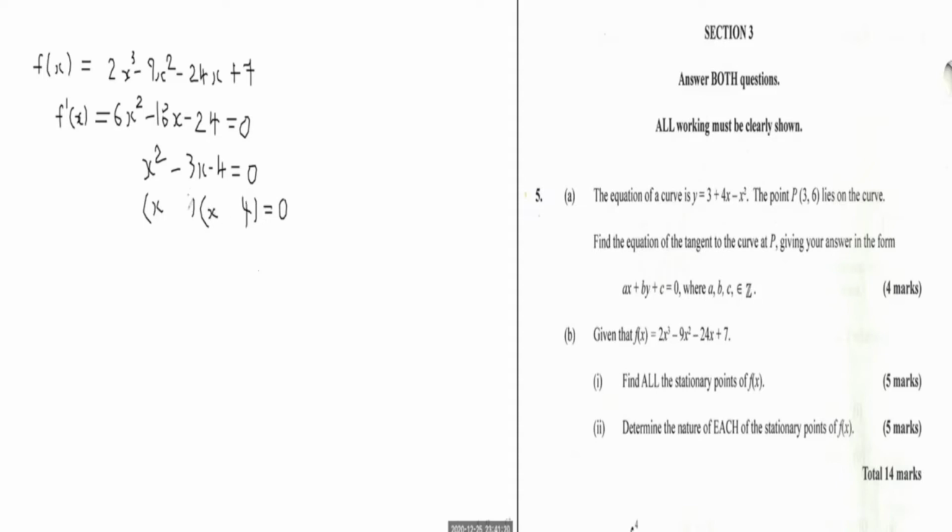You say signs are different, but the greater product is negative, minus and plus. And so what we're getting is x is equal to -1, or x is equal to 4. Nice and easy.